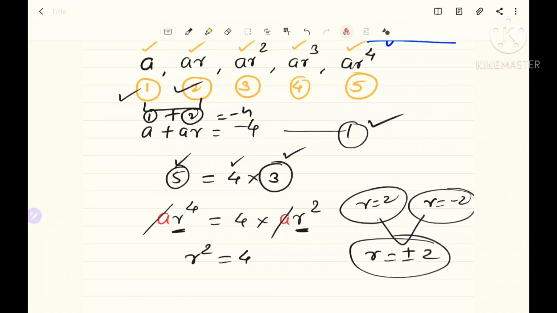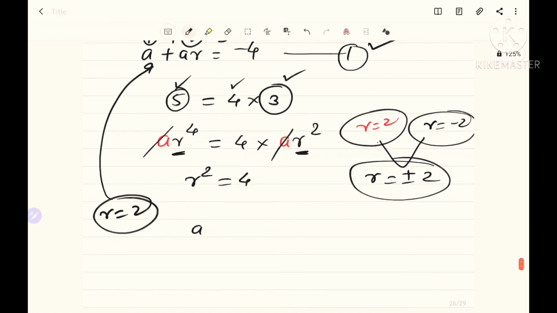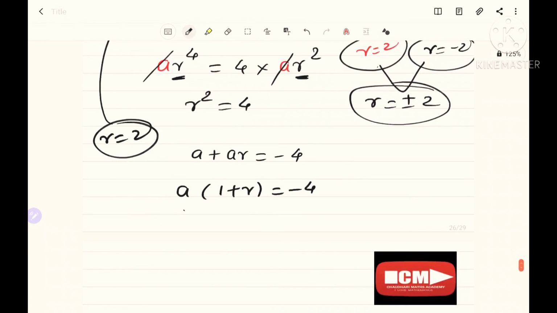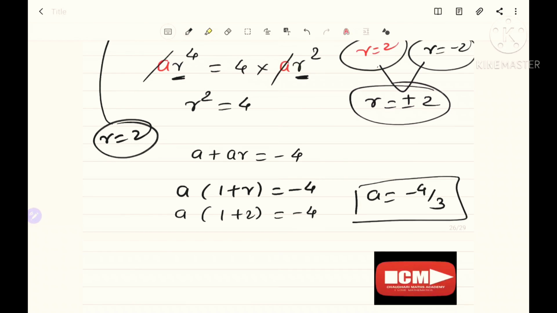I am going to discuss only r equal to 2 and keep the other for your self-calculation. Substitute r equal to 2 in equation 1 and quickly find the value of a. a plus ar equal to -4, and a is common, so a times (1 plus r) equals -4. Substituting r as 2, the value of a is -4/3.